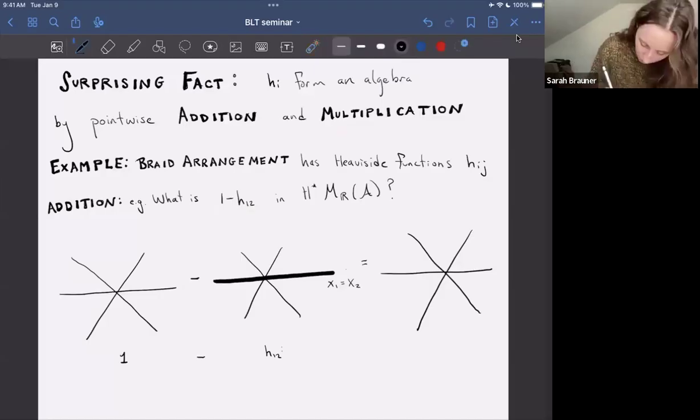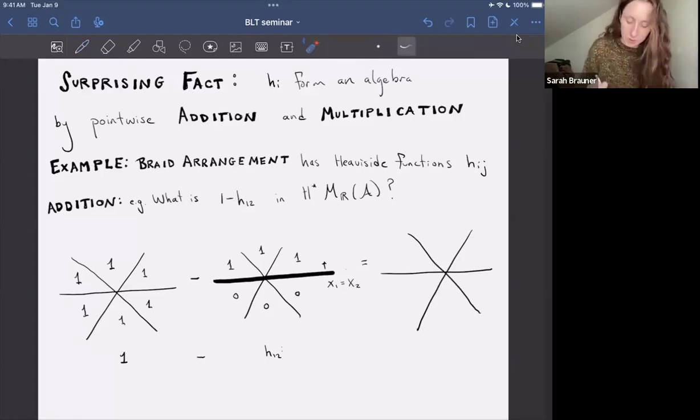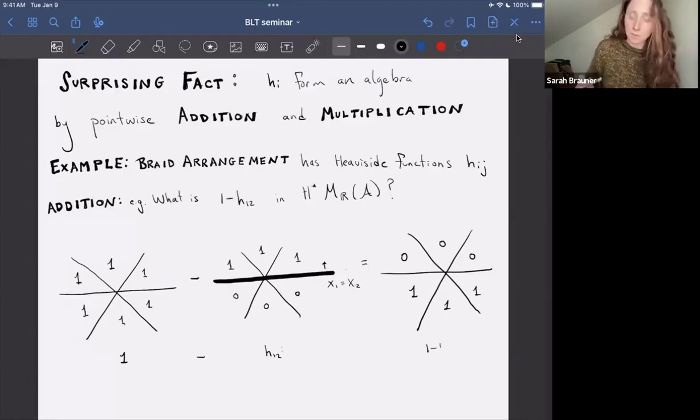So the function 1 is just going to take 1 on every chamber. And then h_12, I'm going to say this is the positive part, so it'll take 1 on this side and 0 on this side, okay? And then I just do the most naive thing. I go chamber by chamber, and I'm going to say, okay, 1 minus 1, that's 0. And so I'll have zeros all over here, and I'll have ones, because this is 1 minus 0, underneath this line. Okay, and so this is what 1 minus h_12 looks like.